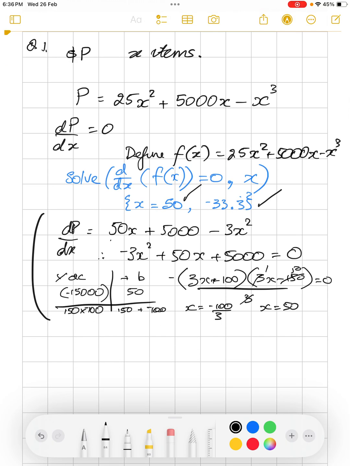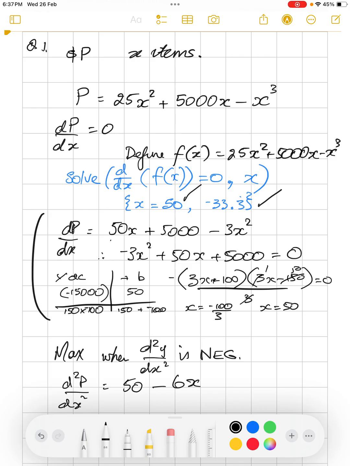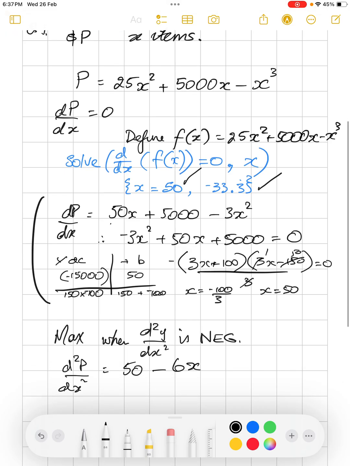Now, to test, we want the maximum. So we want when the second derivative, d2P/dx squared, is a negative value, so we get a maximum. So if we take d2P/dx squared, the derivative of the derivative, it's 50 minus 6x, and substitute our two values.